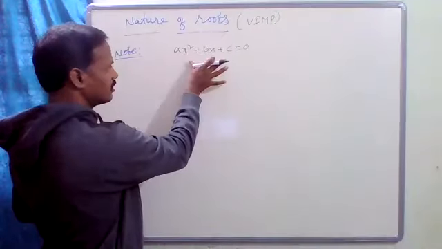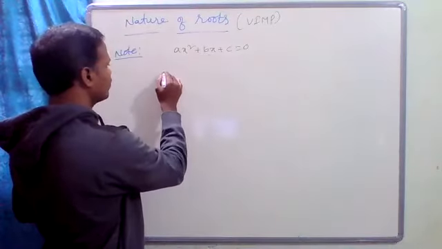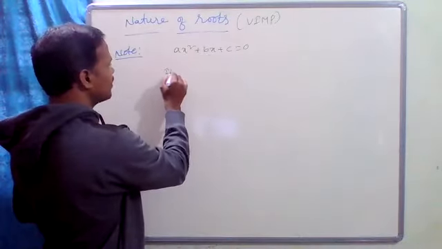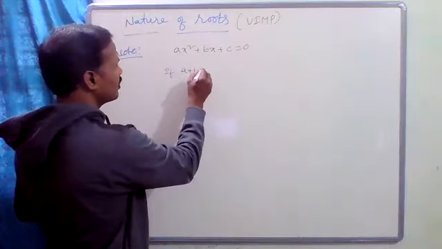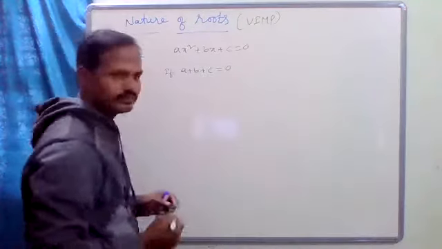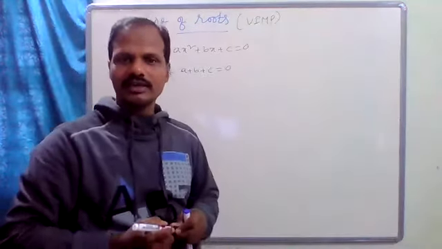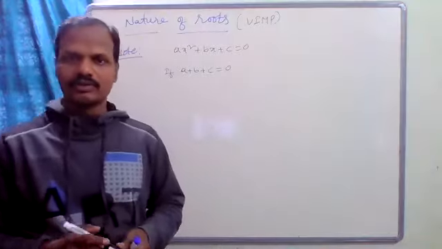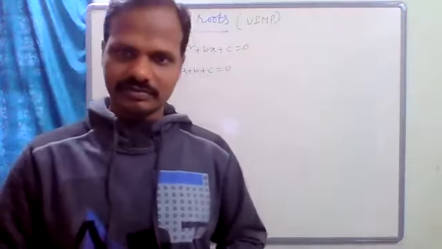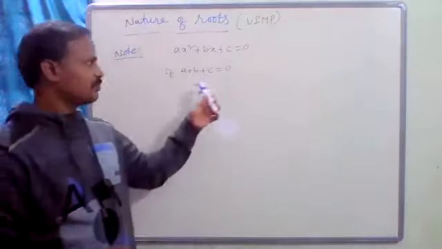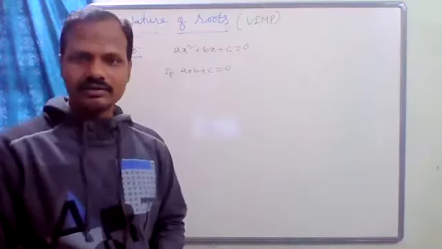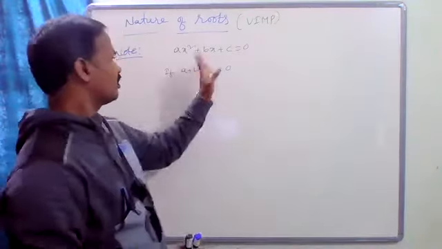If in this quadratic equation a + b + c = 0, that means the sum of the coefficients is 0, then what can you say about the roots?